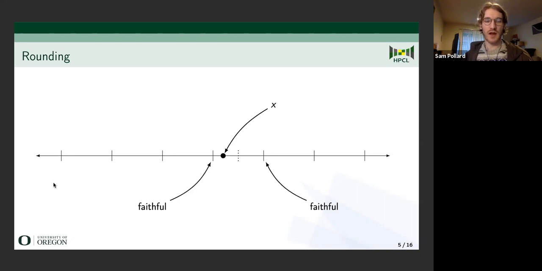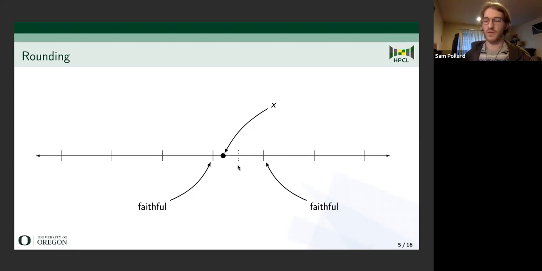So we have some number x we want to represent as a float. And both of those up and down are considered faithful roundings depending on your rounding mode. The closest one is obviously the one on the left. But then you'll notice there's this dotted line here, which is the middle, in which case if x was exactly in the middle, it wouldn't matter.